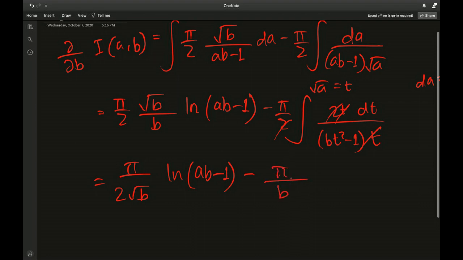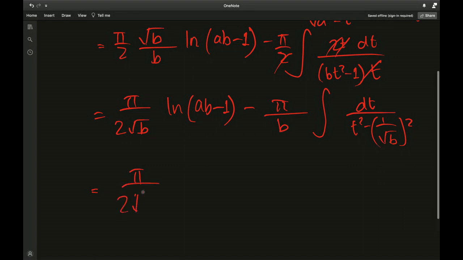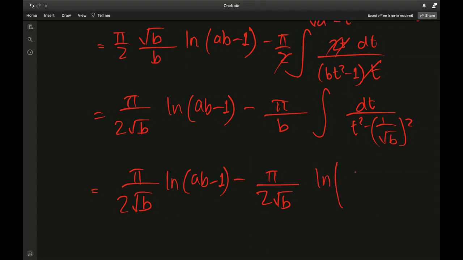pi over b. I want to take out a b from the denominator, dt over t squared minus 1 over square root of b, but the whole thing squared, because now we can use that formula for the inverse tangent on the second integral, minus, well, not the inverse tangent but the difference of logs, so pi over 2 times square root b natural log of t times square root b minus 1 divided by t times square root b plus 1.